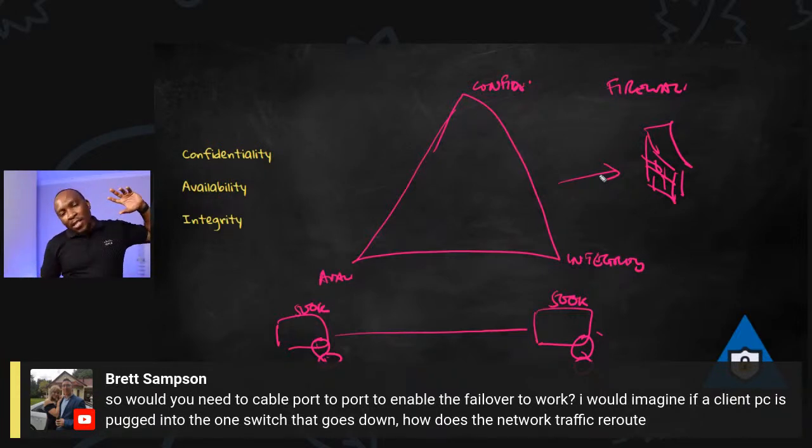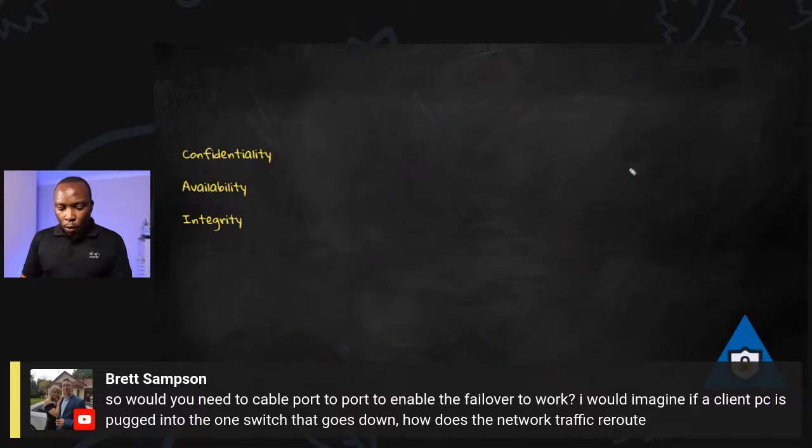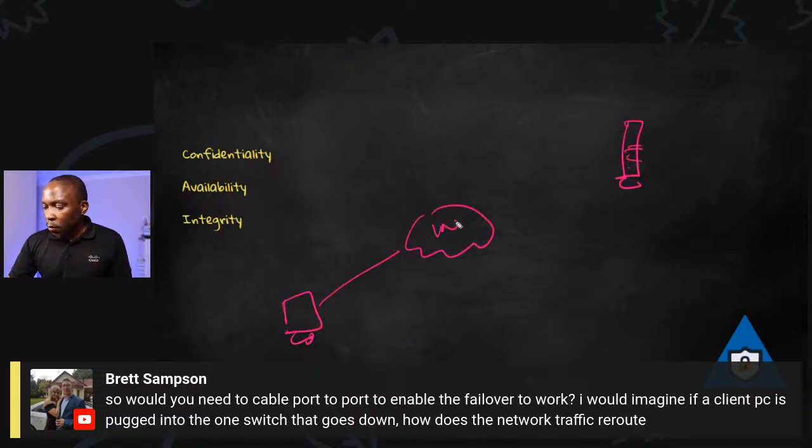And as traffic is flowing through, you can't let traffic flow in clear text. Imagine you're doing a transaction and you log into the bank at home on your PC. This is your PC. This is your bank. You connect via the internet, which is not very secure, and then you send your username as plain text.